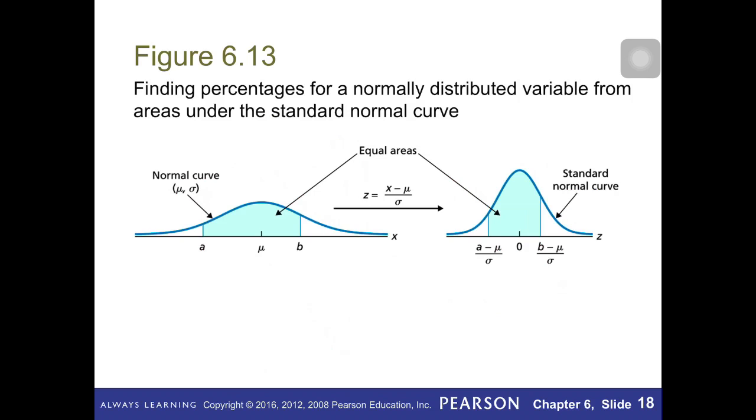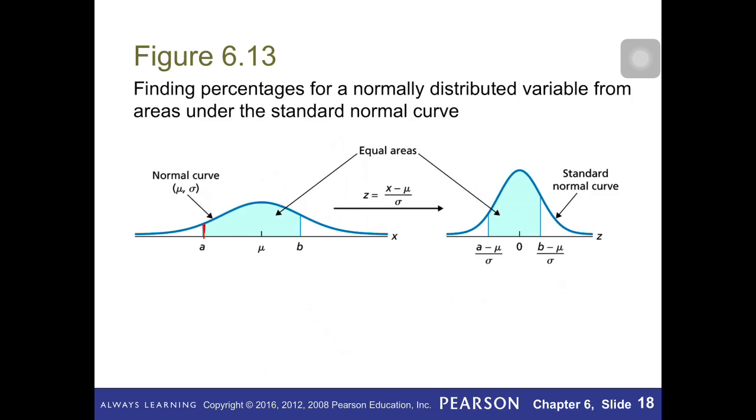So how do we find the percentage of a normal distribution curve? We can easily convert this normal curve into a standard normal curve and find the values. You will see why we convert it.